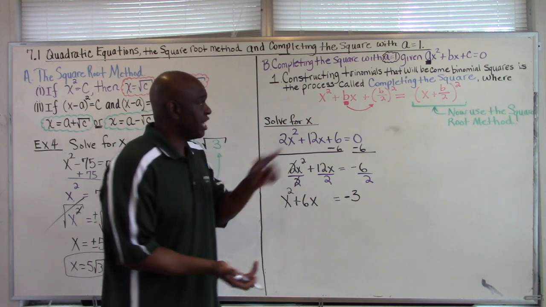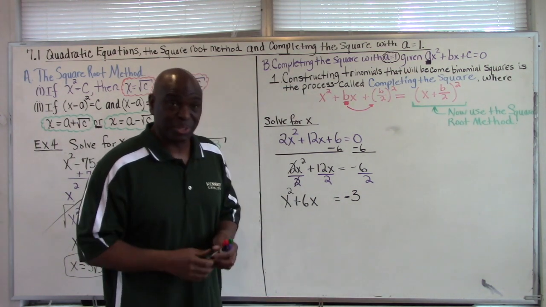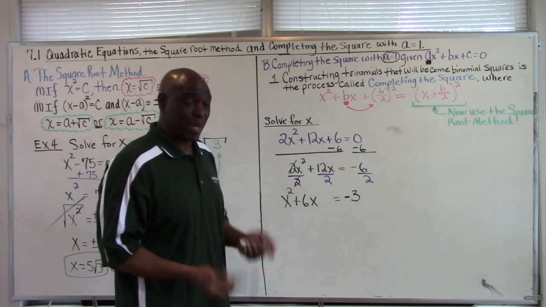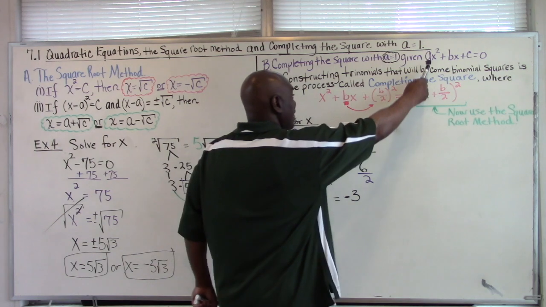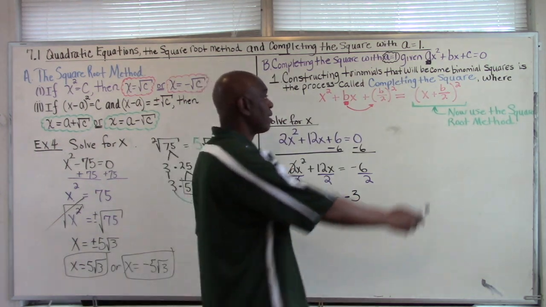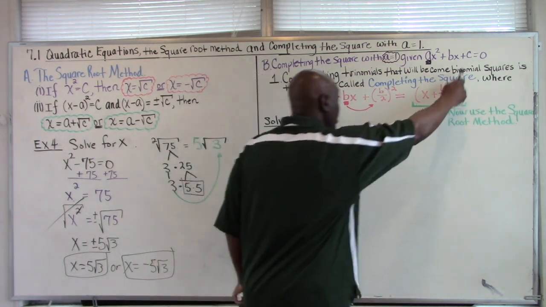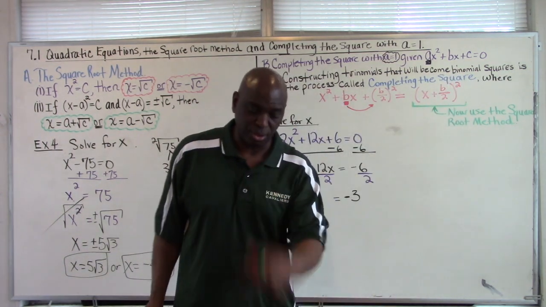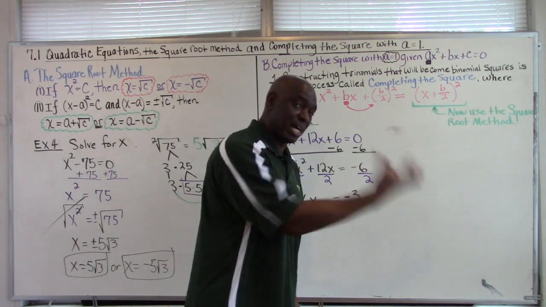Half of the linear term, right? It's called the linear term. We have the quadratic term, the linear term, and the constant term. See, A is the quadratic term. AX squared, that's the quadratic term. BX, that's the linear term. And C is the constant term.